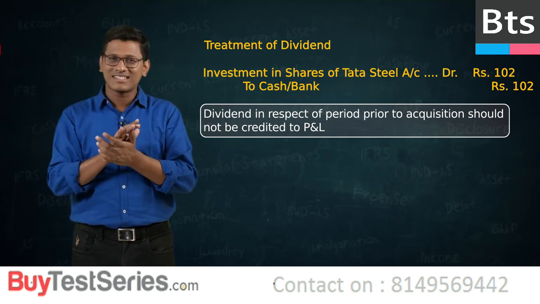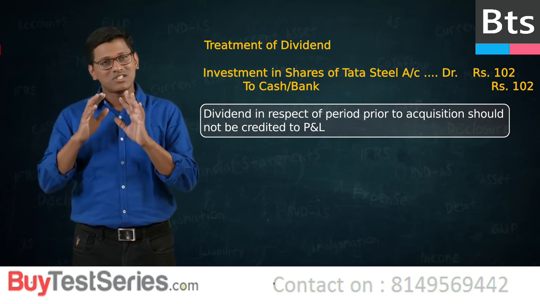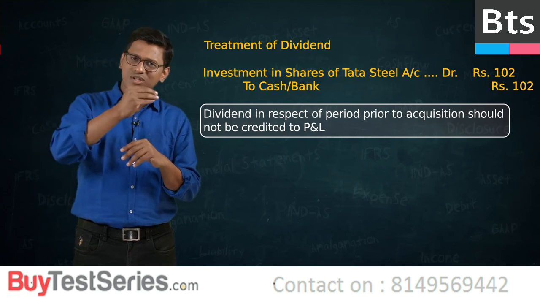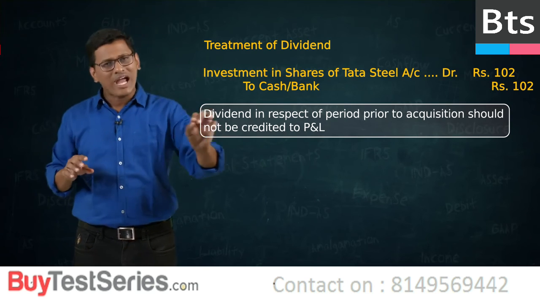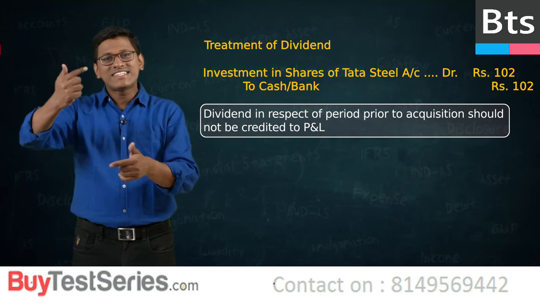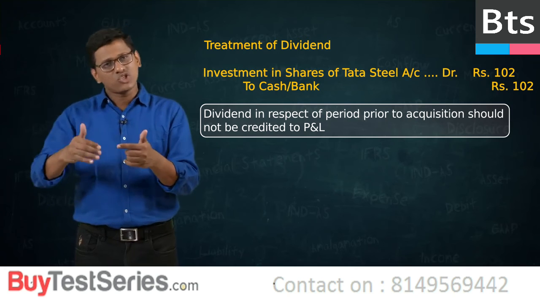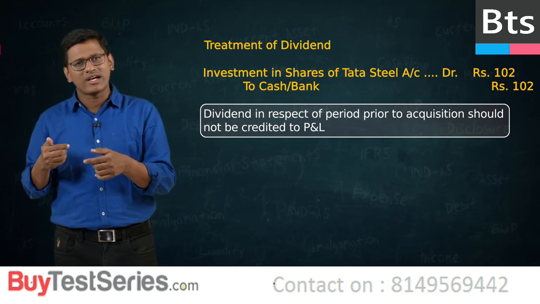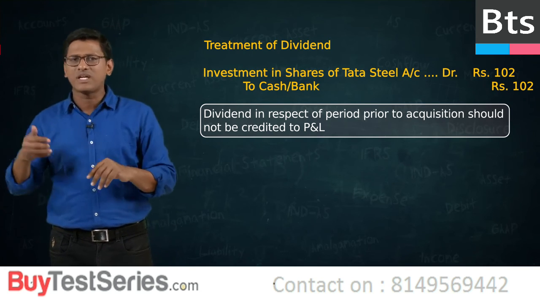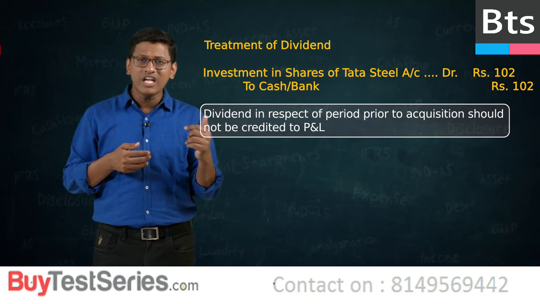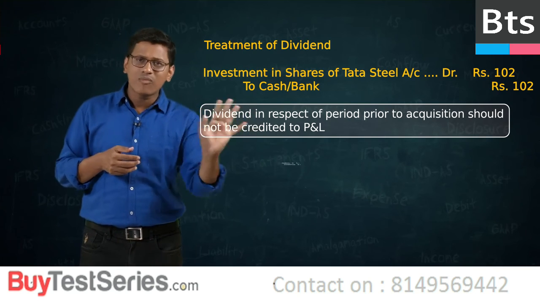The accounting standard says, at the time of purchasing, the journal entry is very simple: investments in equity shares account debited 102, to cash or bank 102. When you receive such dividend, you should call it pre-acquisition dividend. So journal entry: cash or bank account debited, say if the dividend we are receiving is 1 rupee, cash or bank account debited 1 rupee, to dividend income 1 rupee.